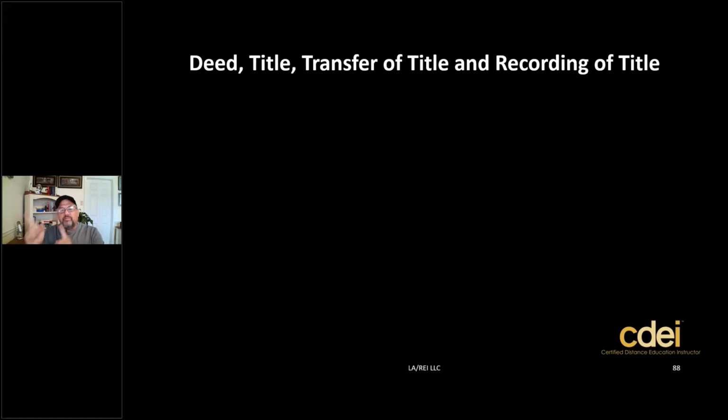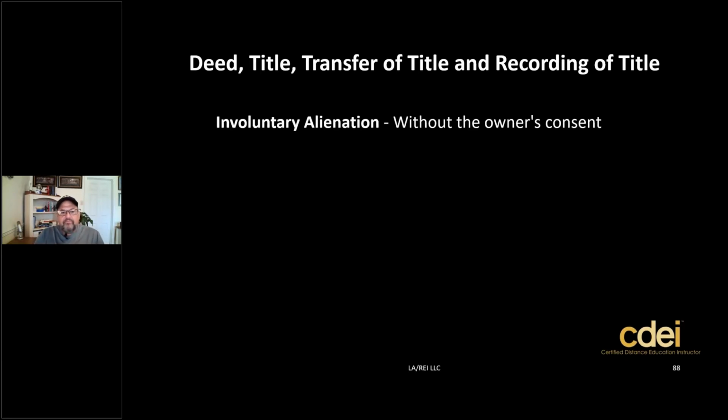We're specifically talking about involuntary. Again, involuntary is according to law. Not the owner's desire to transfer it, but the law is granting that or making that happen. So what is involuntary alienation? Again, without the owner's consent, it is the law that's transferring.